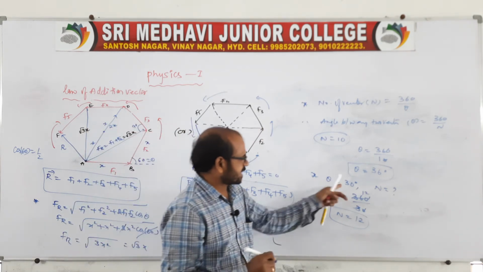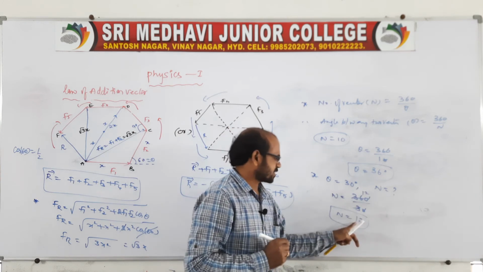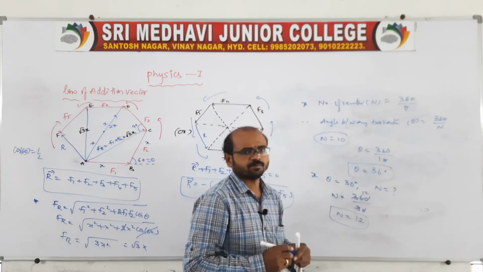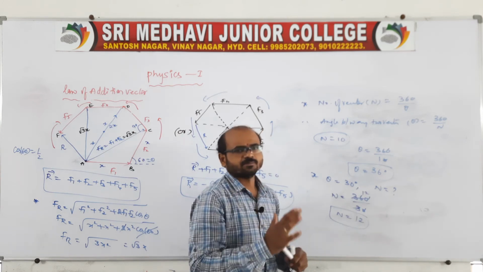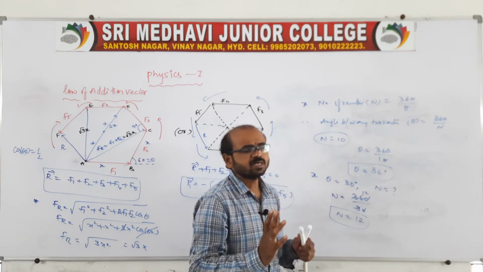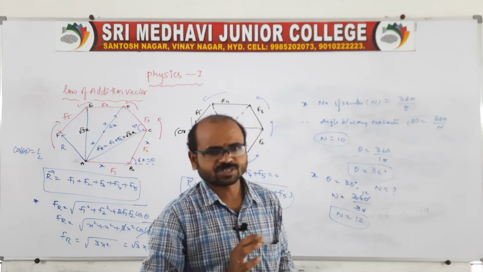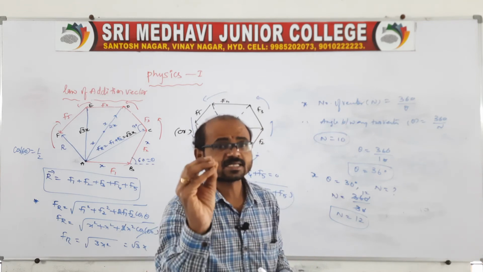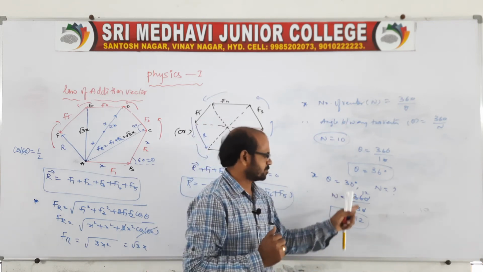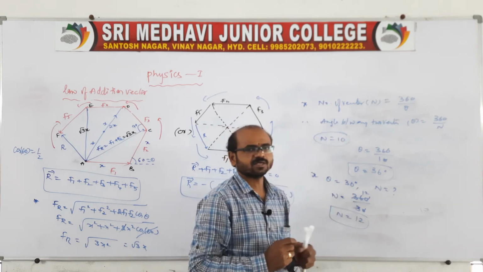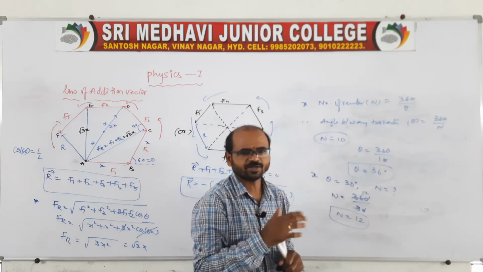And I'll tell you one more thing. If the number of vectors we are getting is an even number, remember, for an even number the resultant will be the same as the given force. In the previous example I told you 11 forces, each carrying 5 Newton.